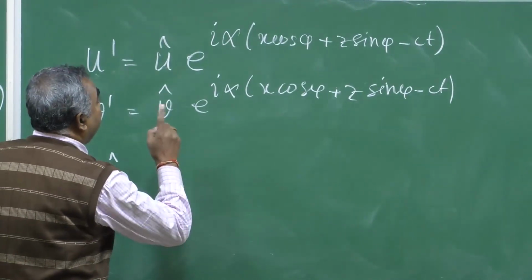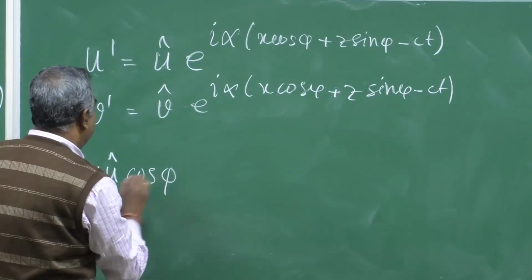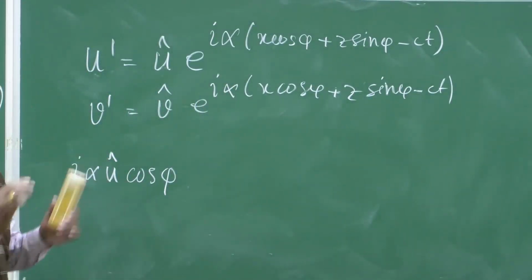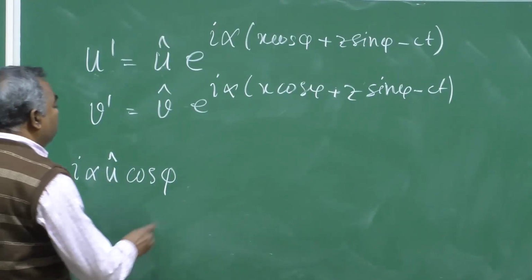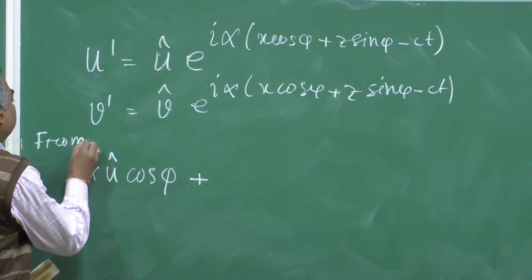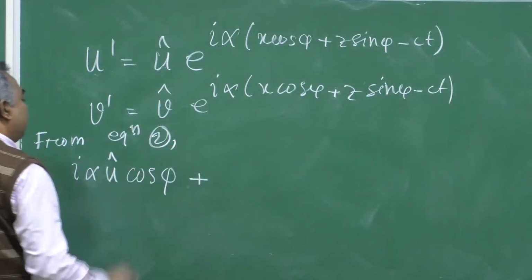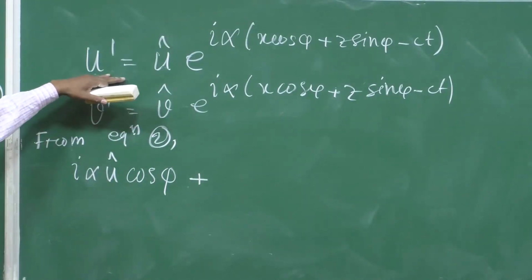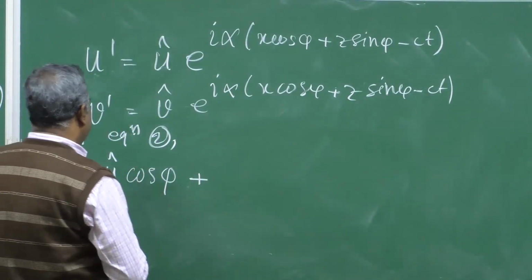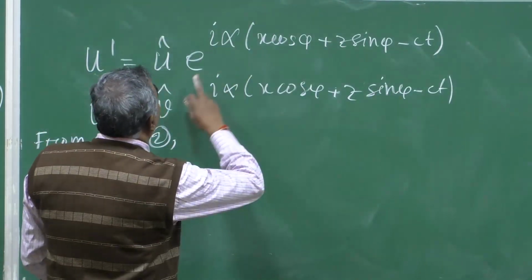With respect to x, that means cosine phi, i alpha cosine phi into that exponential, which will be common to all these terms. So, from equation 2, after using this expression we get this i alpha u hat cosine phi, then your v.